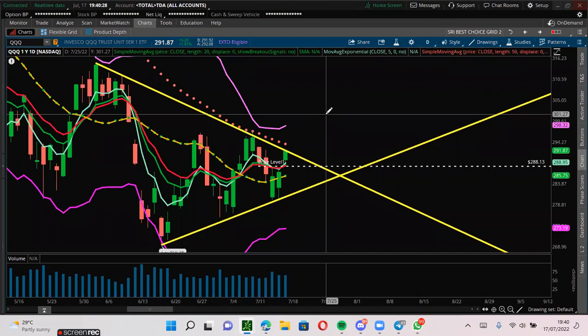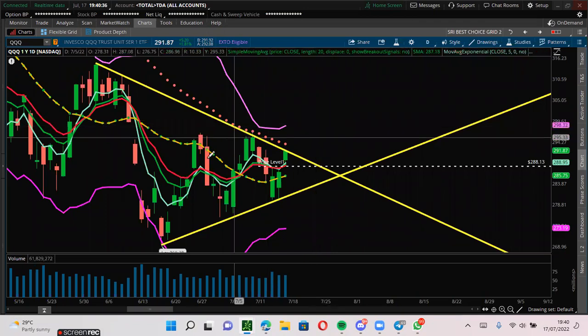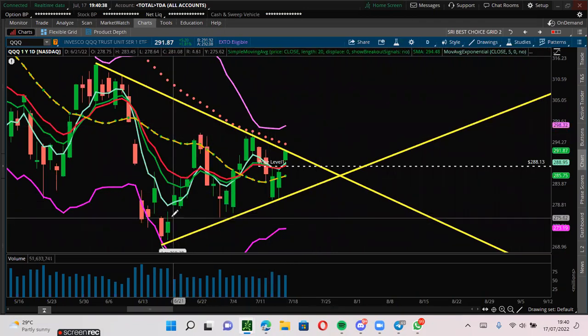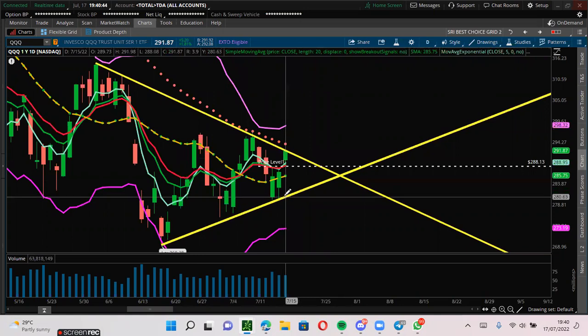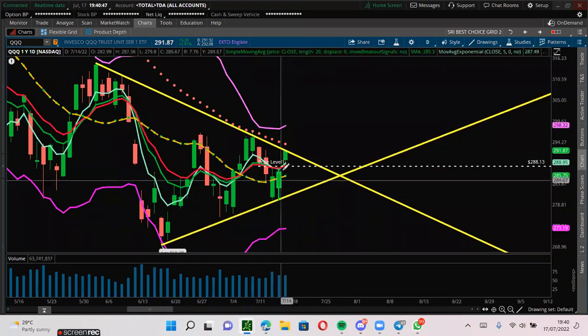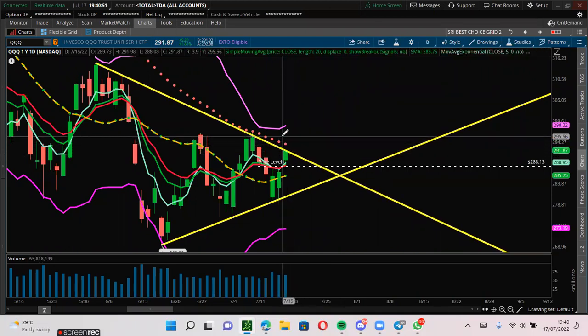If the market can go up, shorts with fear will try to cover back. That's what happened. Eventually we dropped, but the bulls won the case right now. That's QQQ Nasdaq. So we are going to go back up.